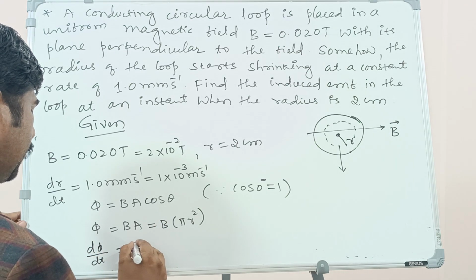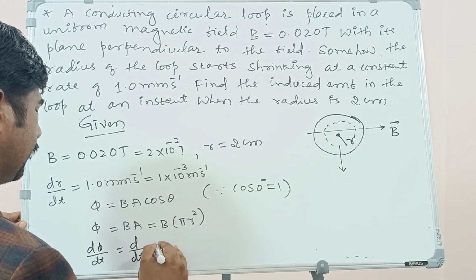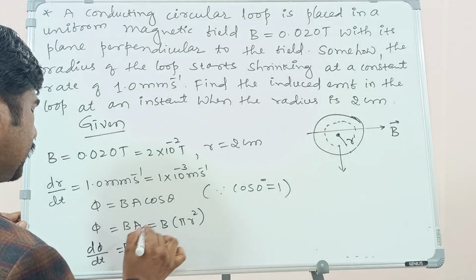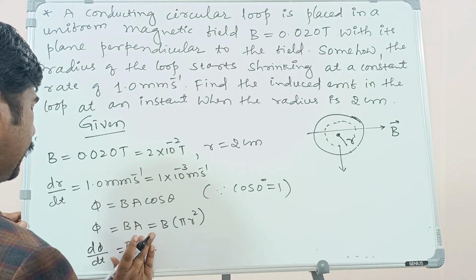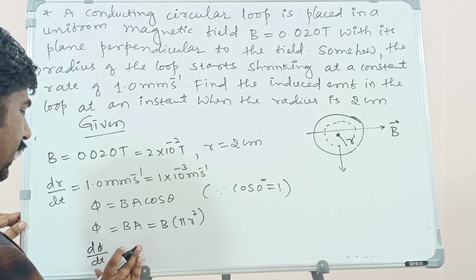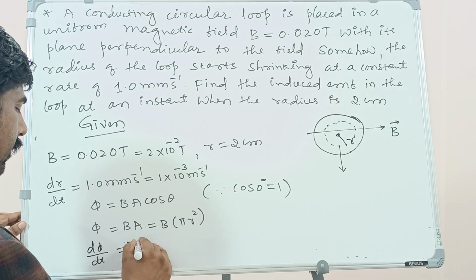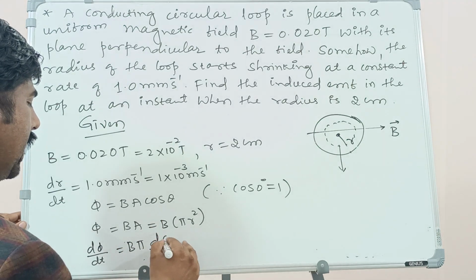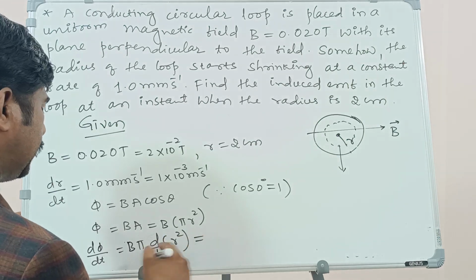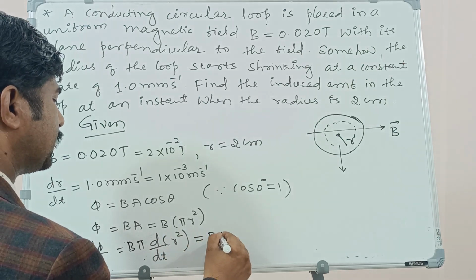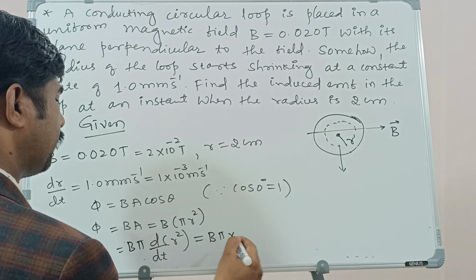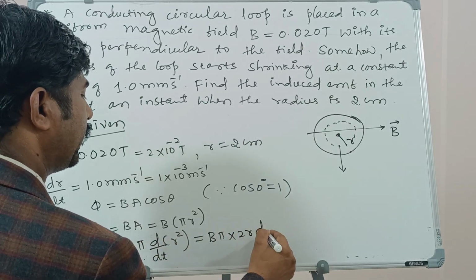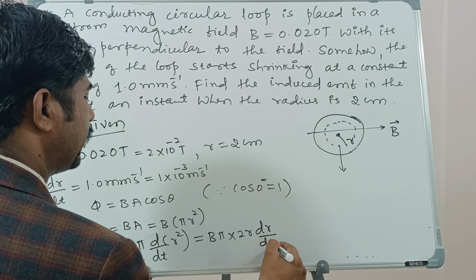Then d by dt: B and pi I take outside the differentiation because they are constant. Then we differentiate r square. B into pi as it is, then the differentiation of r square is 2r, with respect to t we write dr by dt.